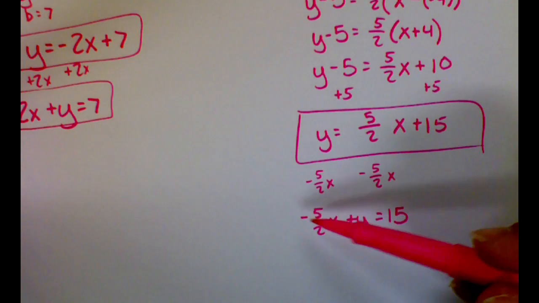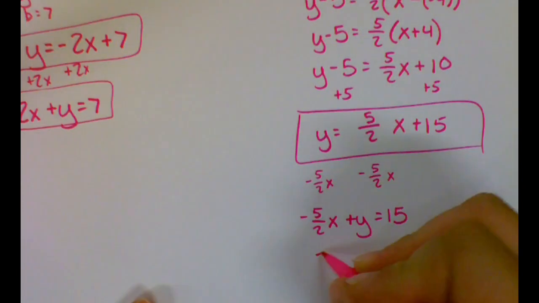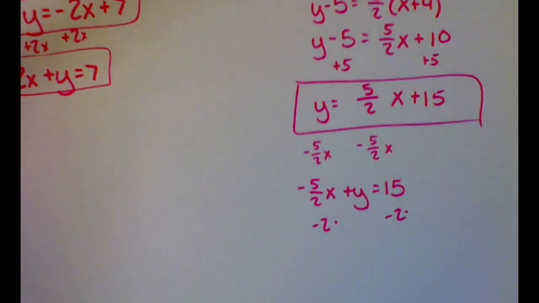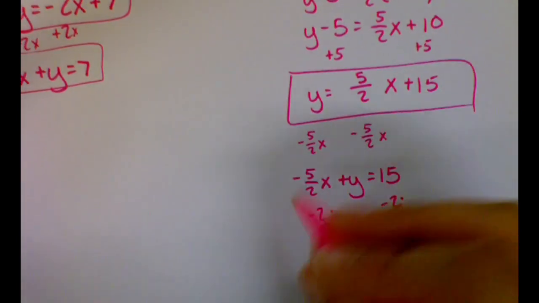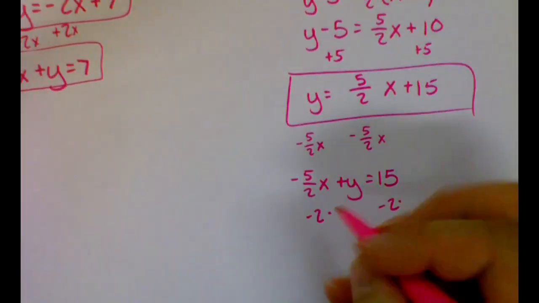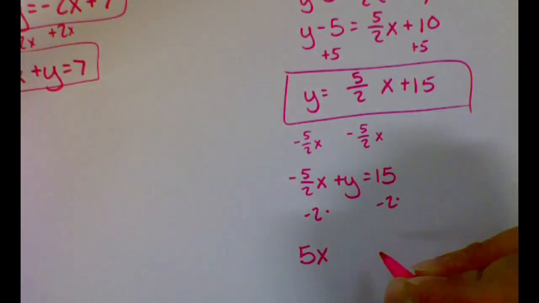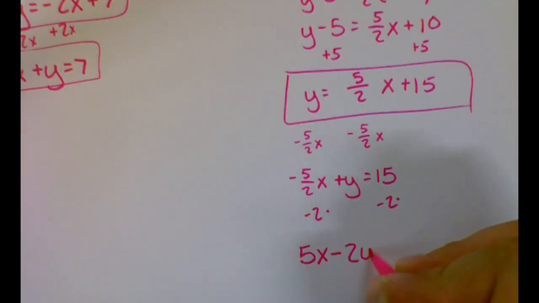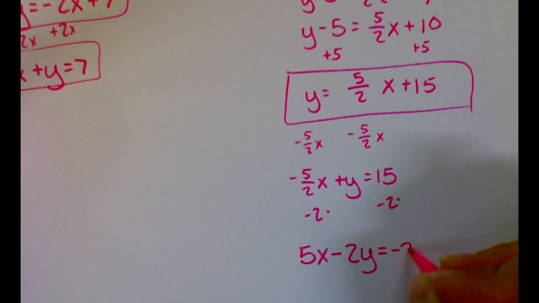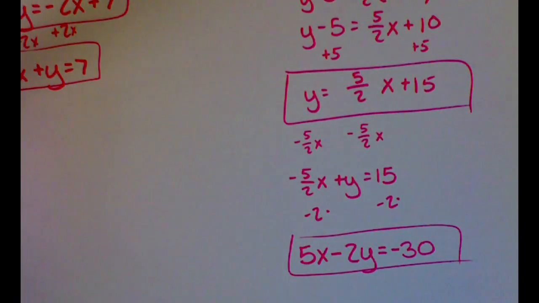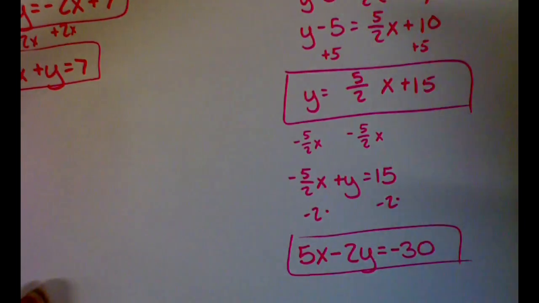To make it positive, I need to multiply by negative 2. We're going to multiply both sides of the equation by negative 2. Realize we multiply every single thing by negative 2. This first part becomes positive 5x minus 2y equals negative 30. The x is the only one with a special rule that it has to be positive because that's what standard form is.